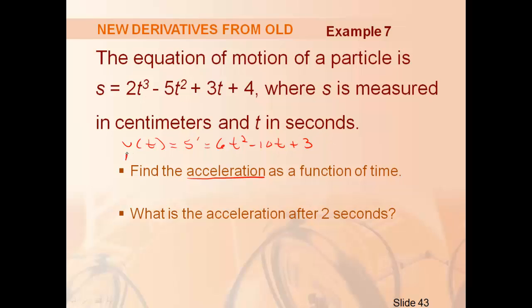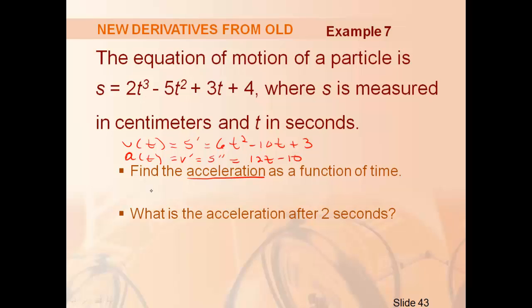The acceleration at time t would be the derivative of velocity, which would be the second derivative of the position function. And that would be 12t minus 10.